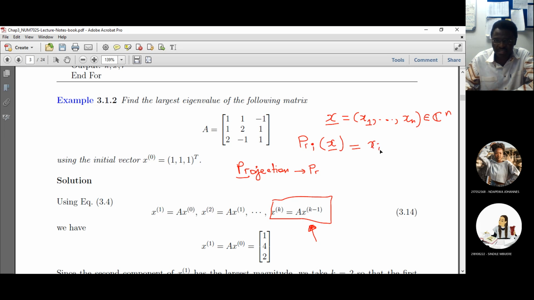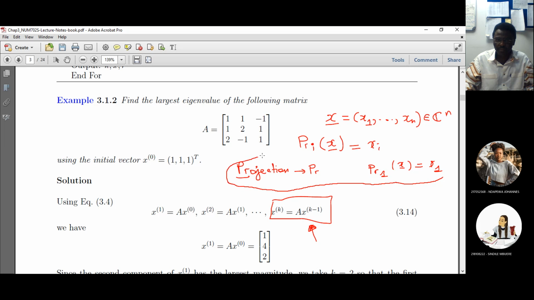In other words, if i is equal to 1, PR_1 of the vector x gives us x1. This is a linear mapping, and you can prove it. So that's our projection. So phi, we will take phi to be that projection.